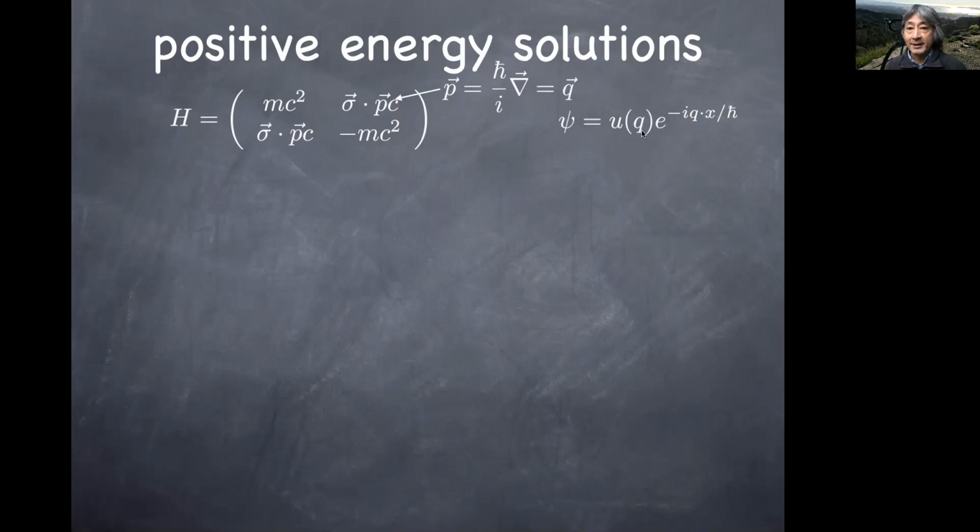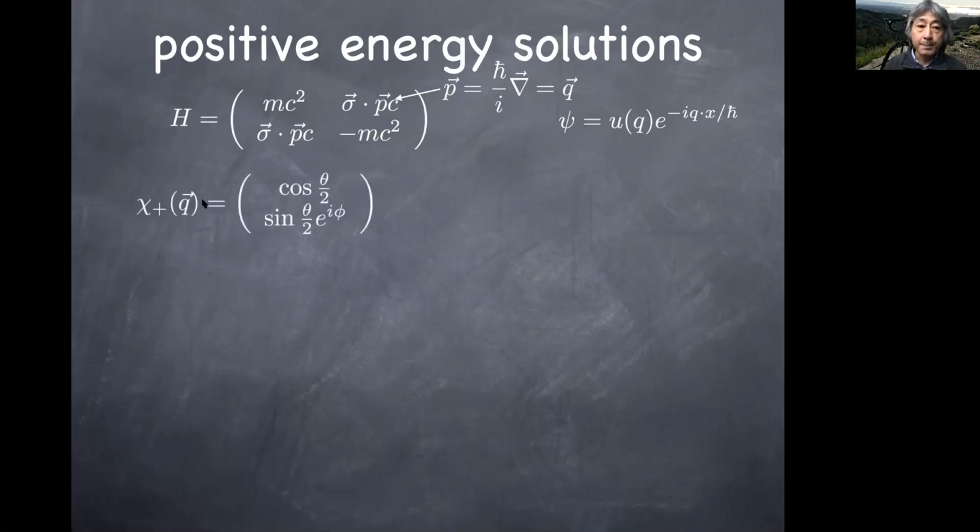I hope that's clear. So when you act this Hamiltonian operator on this psi solution, then this p derivative operator is replaced now by its eigenvalue q. So this now becomes a simple 4 by 4 matrix. It's no longer an operator.